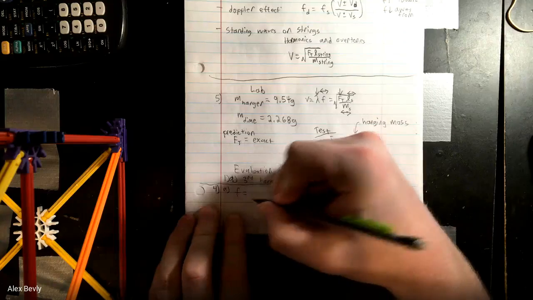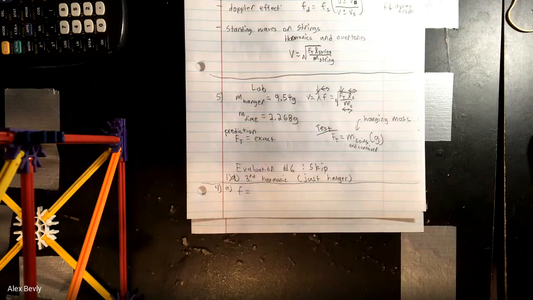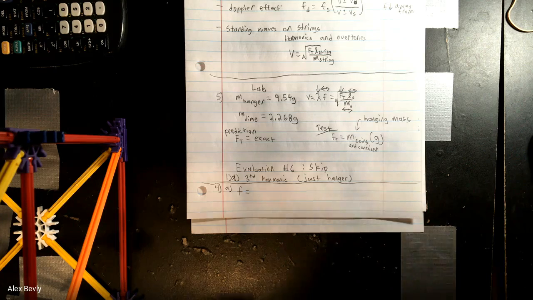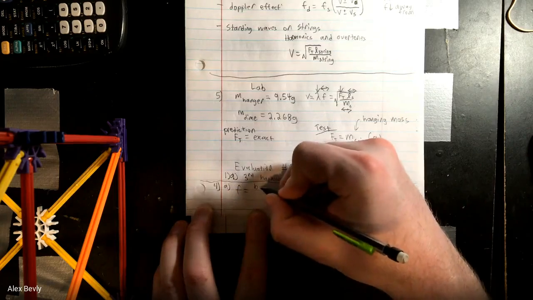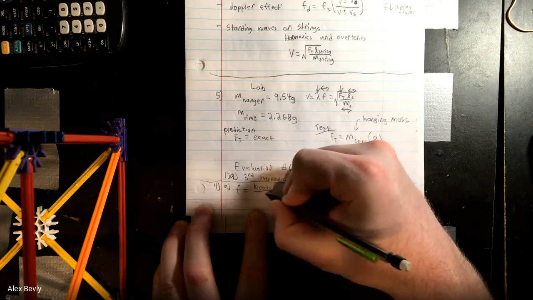Frequency is the number of waves per second or the number of seconds per wave? Or here it'd be beats per second. Is it beats per second or seconds per beat? Yeah, per second. Just think of the units. Hertz are 1 over seconds. So I need the number of beats per second.